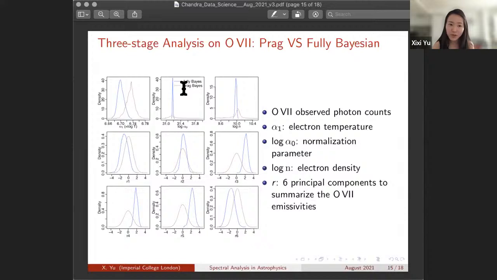So in summary, this subset of emissivities is more plausible given the observed photon counts. Does this answer your question? Maybe, yeah, maybe. I have to think about it.